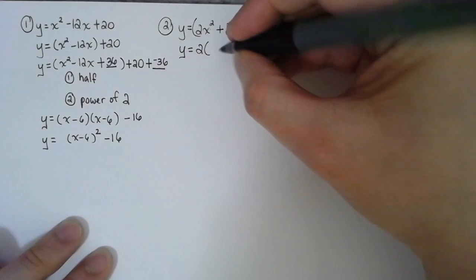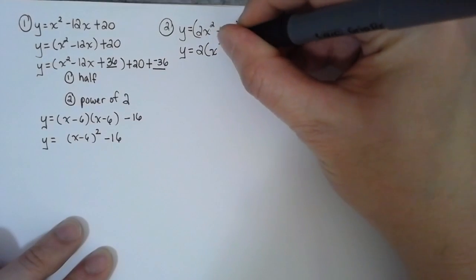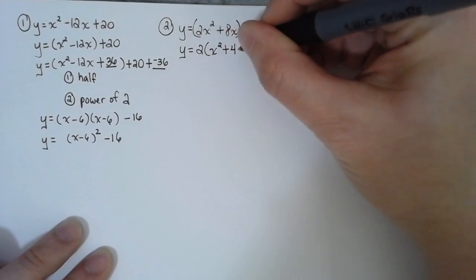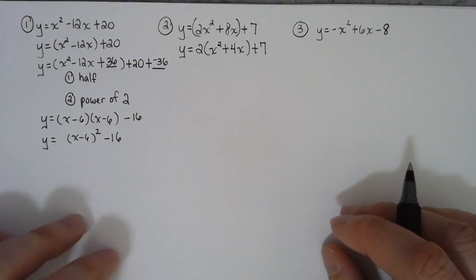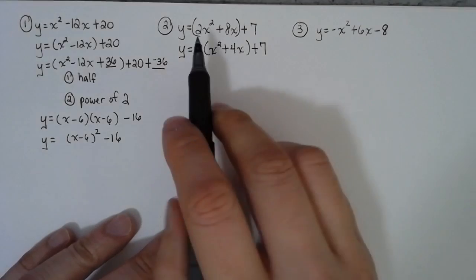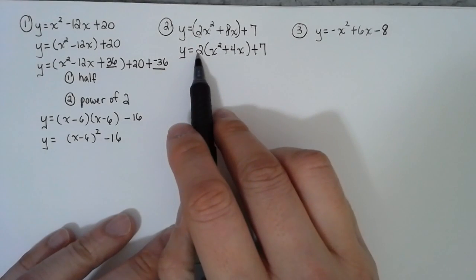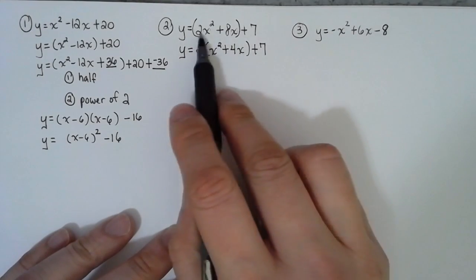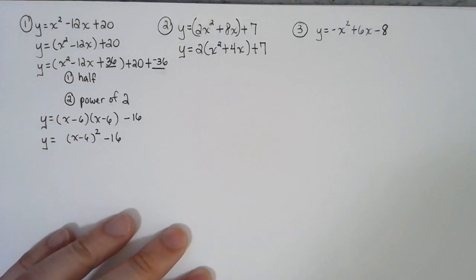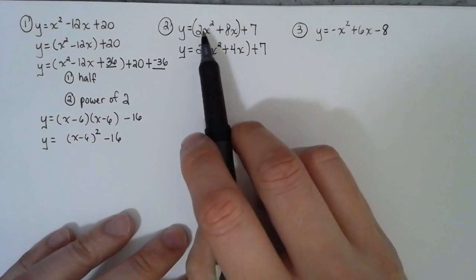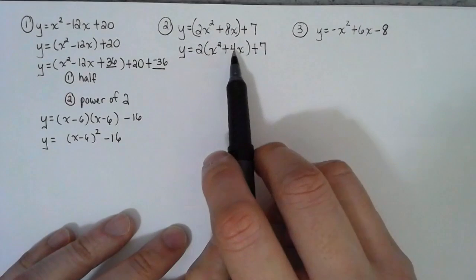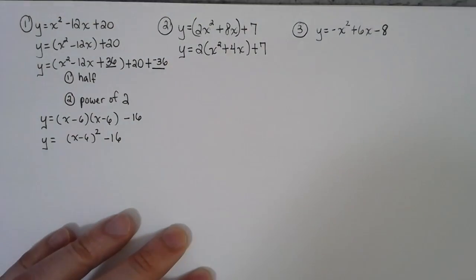So if we factor out the 2, we're left with x squared plus 4x. That is the very first thing that you must do. Once again, if there's anything in front of x squared, factor it out. And only factor from this first two terms, what's inside the parentheses. And we can check that is correct by multiplying back to get 2x squared, and by multiplying back to get 8x.